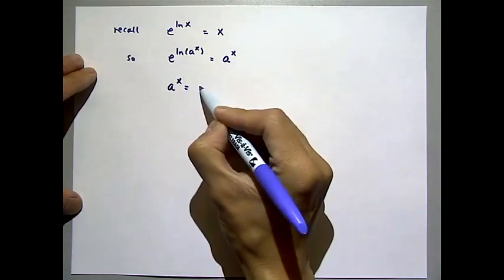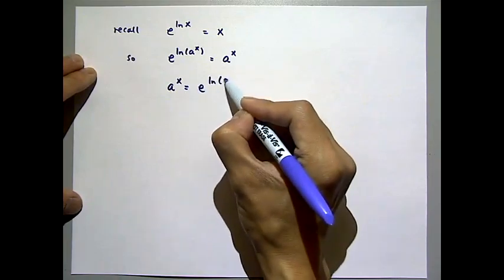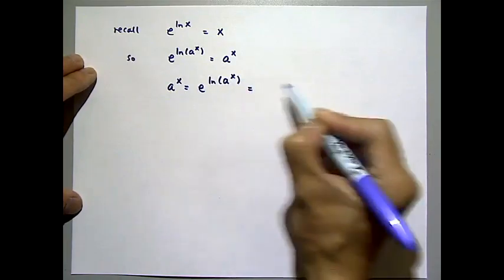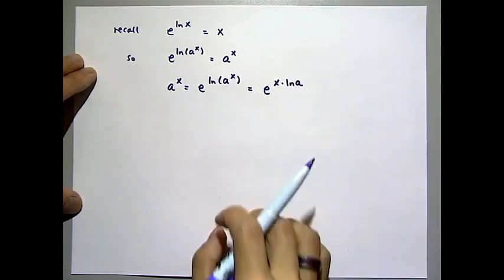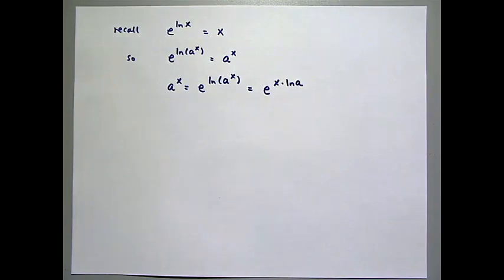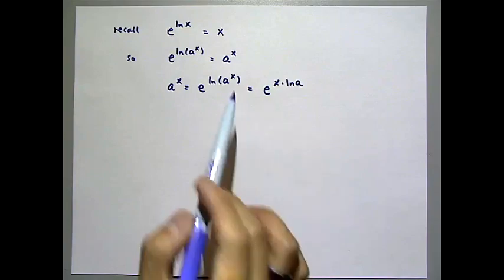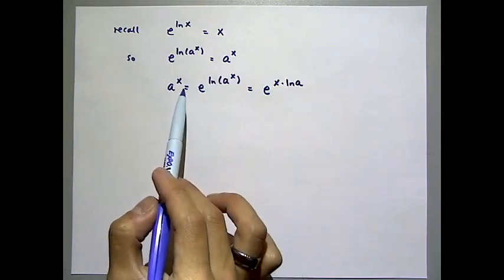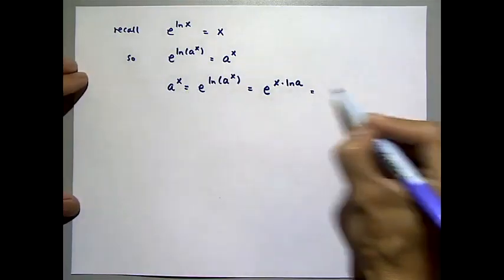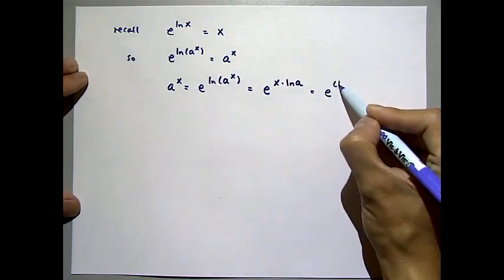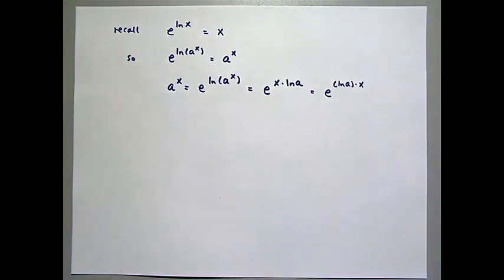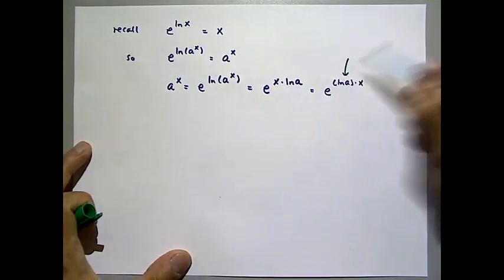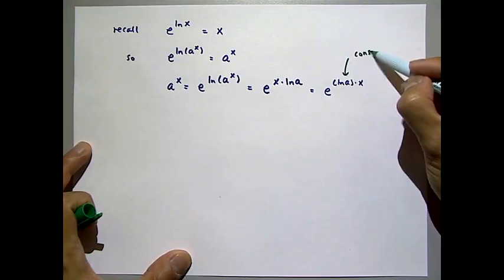We can simplify this even more. We're allowed to bring that power, which right now is x, to the front because of the properties of log. So I brought this power x to the front here. So this is going to be e to ln of a times x. The important thing to remember is that this is a constant.